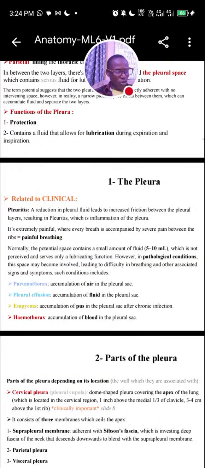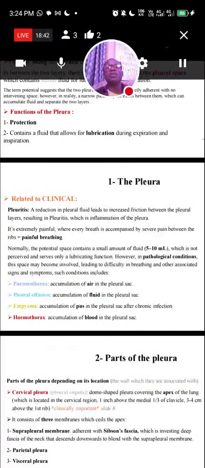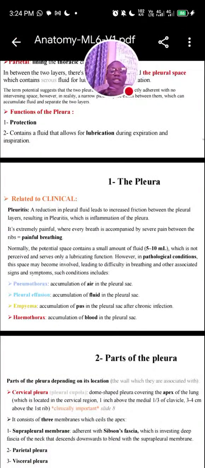So we are making progress and we are moving on. So we talk about the next thing now, parts of pleura. You may ask, what is pleuritis? That's inflammation of the pleura. When there's reduction in serous fluid, the pleural membrane is decreased.